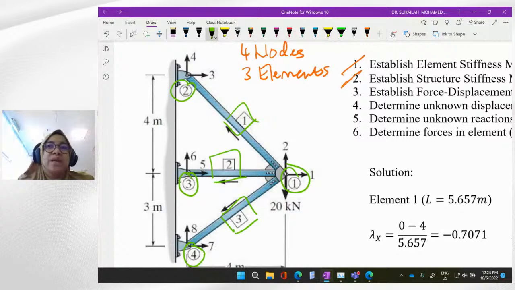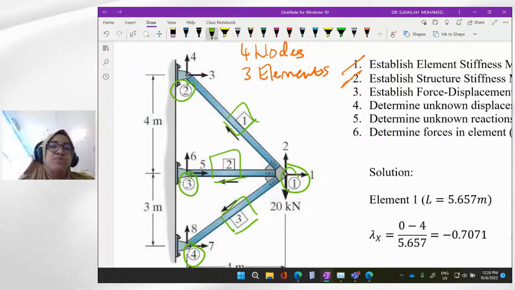What we actually do is subdivide the structure into elements, because we want to establish the structure stiffness matrix. The word is structure. The structure stiffness matrix means the truss stiffness matrix. In order to do that, we have to establish the element stiffness matrices first.